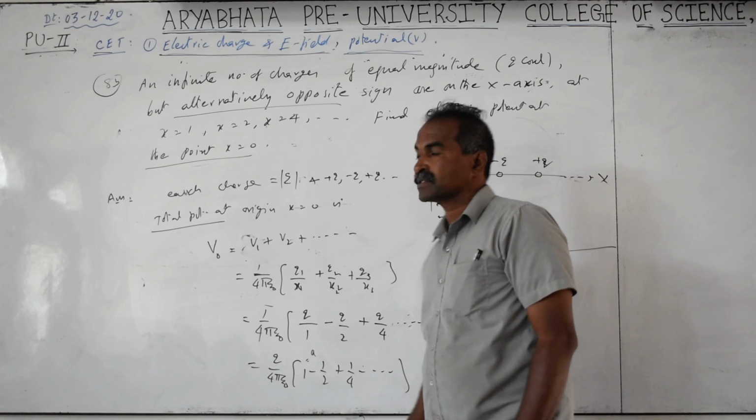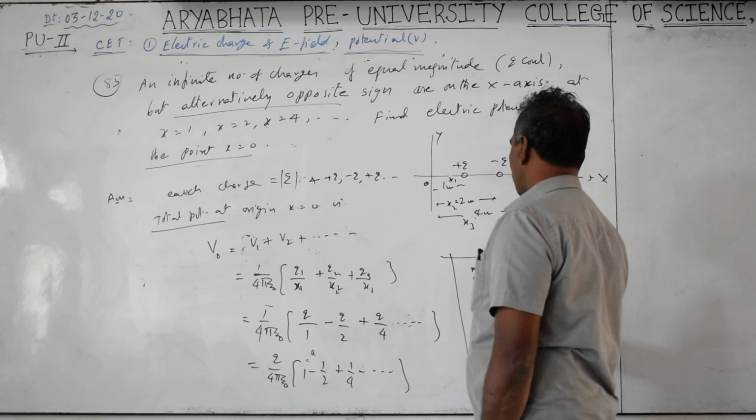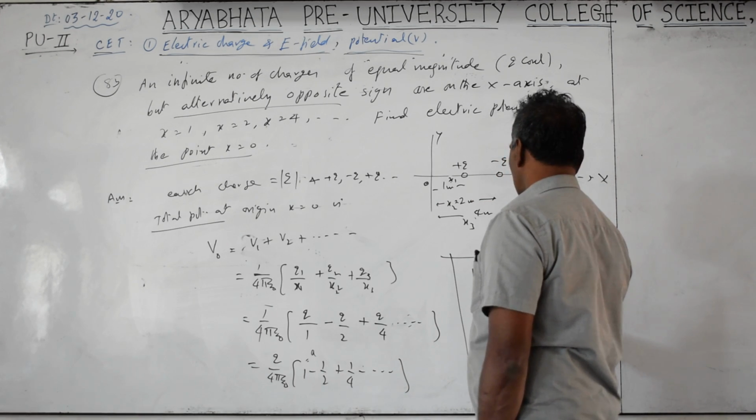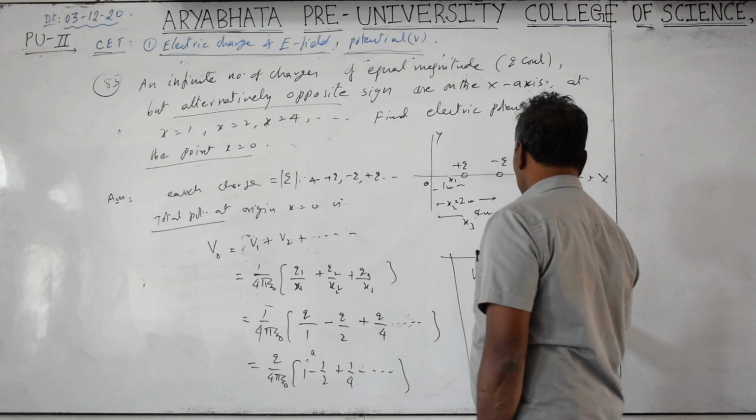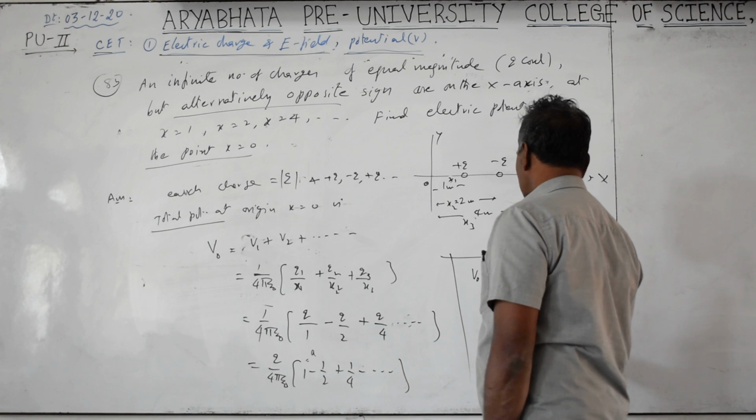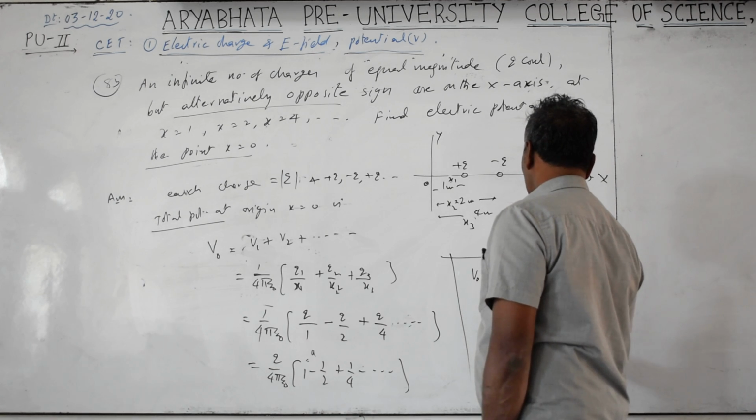So this V naught is equal to Q by 4 pi epsilon naught into the summation to infinity. Summation to infinity is a by 1 minus r.